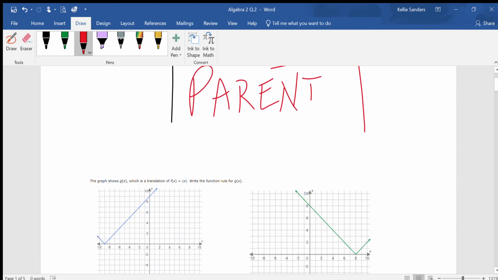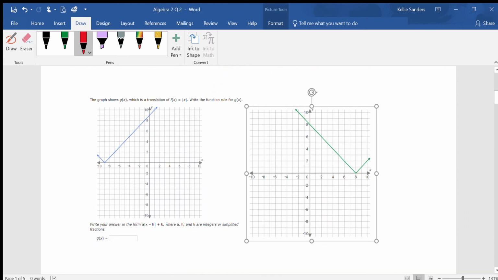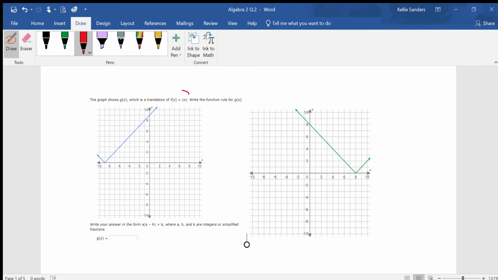Okay, so let's go on. So on these, both of these are absolute value graphs that have been translated or transformed. They have been moved. Okay?